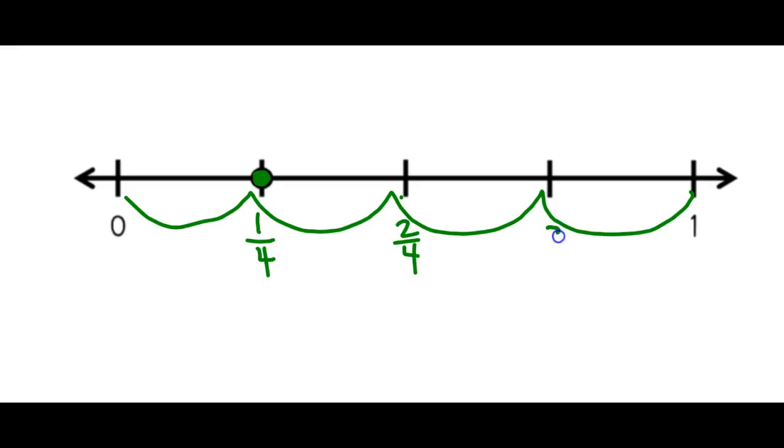This would be 2/4 and 3/4. We know that because 0 is 0/4 and 1 is at 4/4. So 0/4, 1/4, 2/4, 3/4, 4/4. And our dot is at 1/4. And once again, if I said, where's 6/8? You could say, oh, that's right here on this number line, because 6/8 and 3/4 are at exactly the same spot.